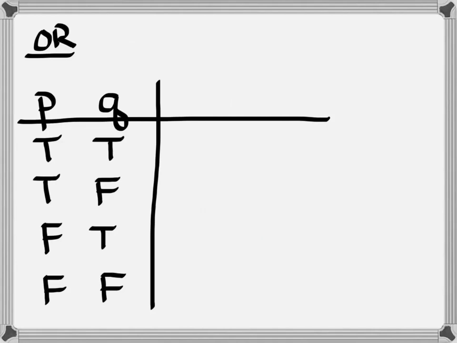Now let's look at the building block for or. Again, we combine two phrases with the word or, so I look at all of the possibilities for P and Q with their truth values. They could both be true, one could be true and the other false, in which we have two cases, and they could both be false.